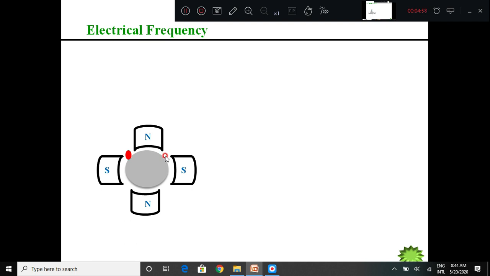Then when it is moving from here to here, the other half cycle of induced voltage is induced, but in the opposite direction, because it comes under the influence from N to S pole, so the direction of the induced voltage will change. Then once again, when it comes under the influence from S to N pole, from here to here, there is another positive cycle of induced voltage induced here.